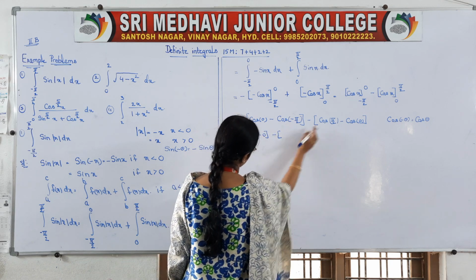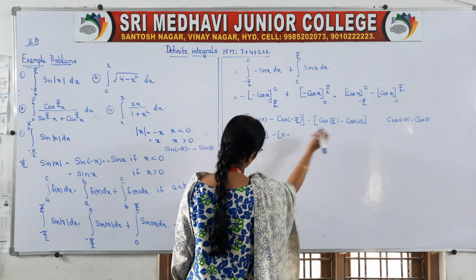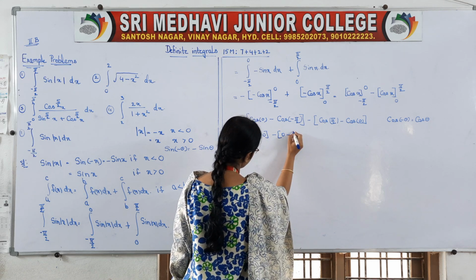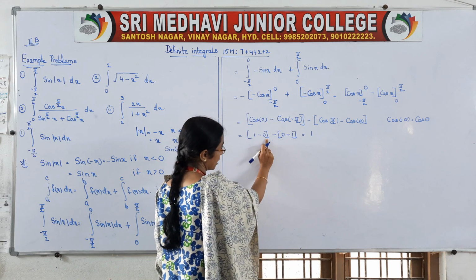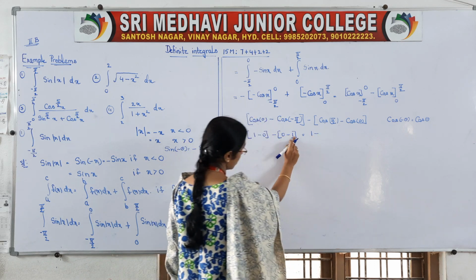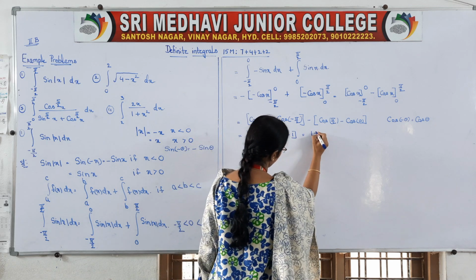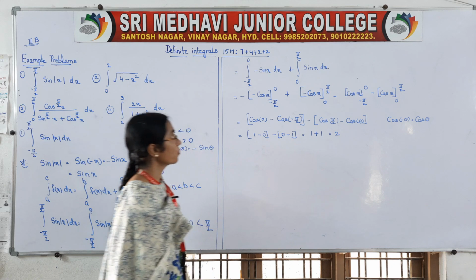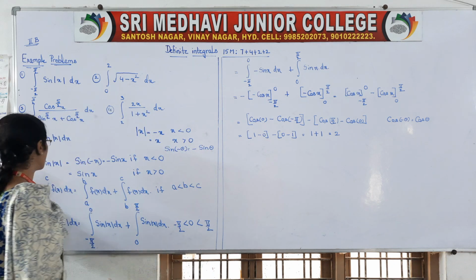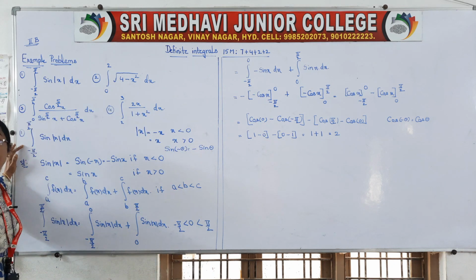Then minus cos 90, which is 0, and cos 0 is 1. So it is 1 minus 0, that is 1, minus 0 minus 1, that is minus of minus 1, plus 1, that is 2. So this is your answer for the first question.